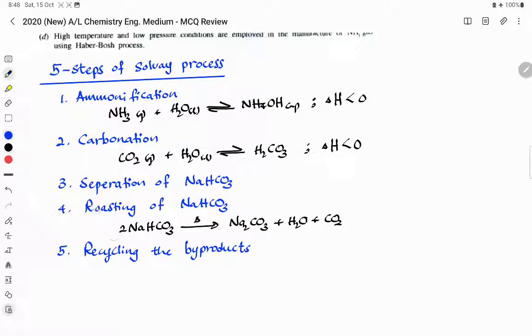The recycling of byproducts will look like this: calcium hydroxide or calcium oxide with ammonium chloride gives calcium chloride and ammonia and water.